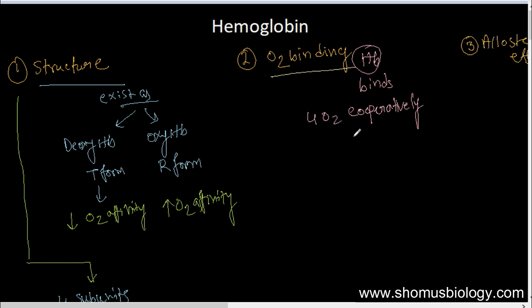And they have a heme interaction, and that leads to the first oxygen binding with low affinity.